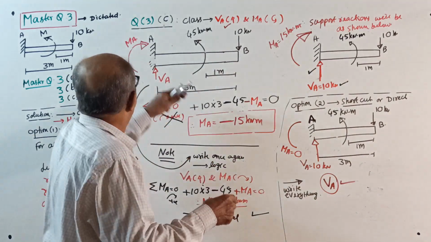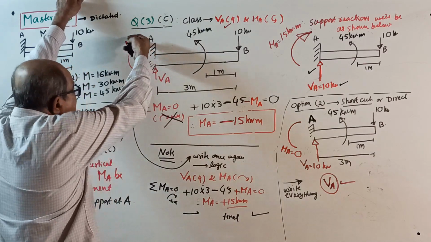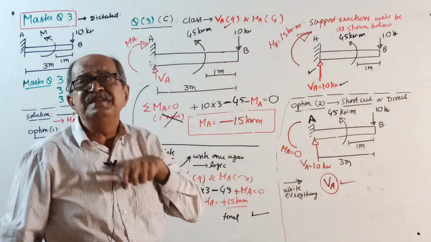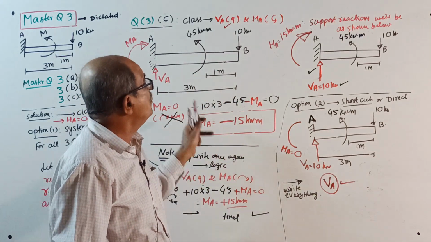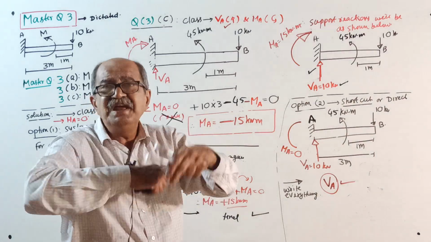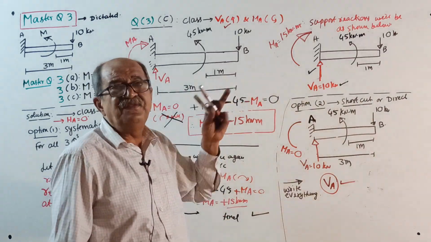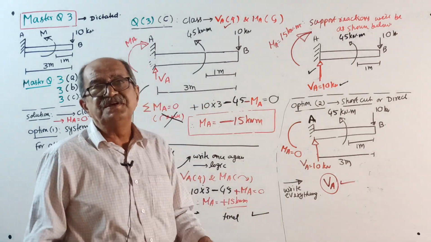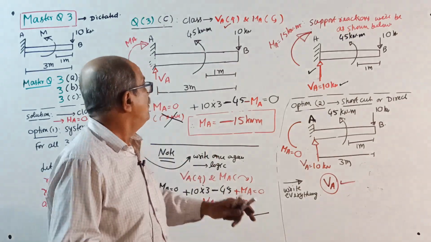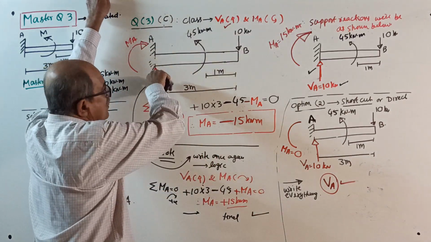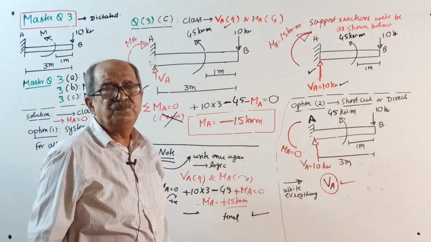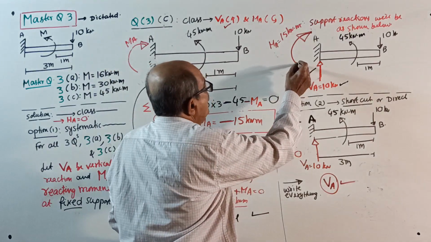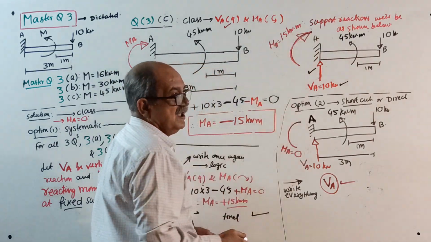But when you assume it in the reverse direction, usually you take this way, then a negative sign came. The negative sign will tell you, no, you are wrong, change it. So after you consider the sign and reverse the direction, when you enter, the result is the same for everybody, whether you assume it anti-clockwise or clockwise, whether you take clockwise positive or anti-clockwise positive, the final moment should always be like this for this beam. Okay, over.